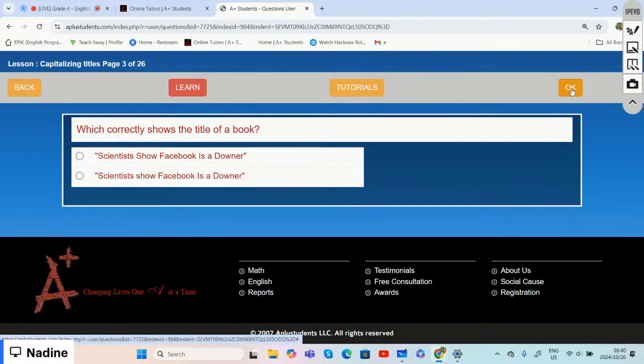All right. And the last one says, okay, not the last one yet, but get this one. It says, which correctly shows the title of a book?